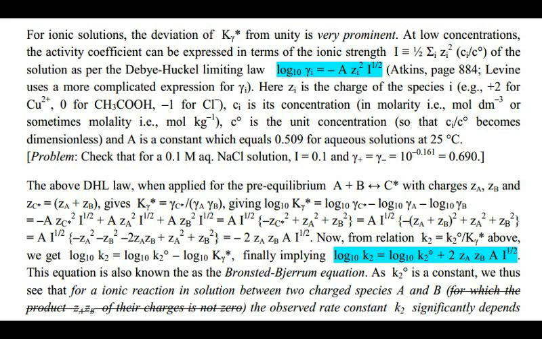Ci by C naught becomes dimensionless because C naught is the unit concentration such as 1 molar or 1 molal. So Ci by C naught becomes just the number reflecting the molarity. Suppose concentration Ci is equal to 0.1 molar, then Ci by C naught will become 0.1 only.